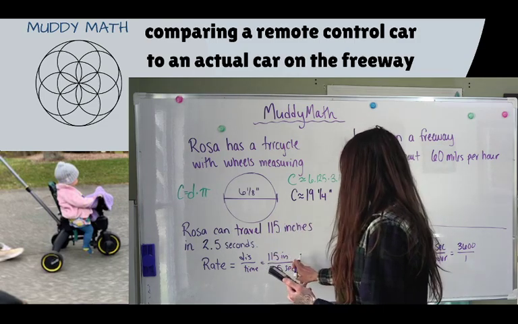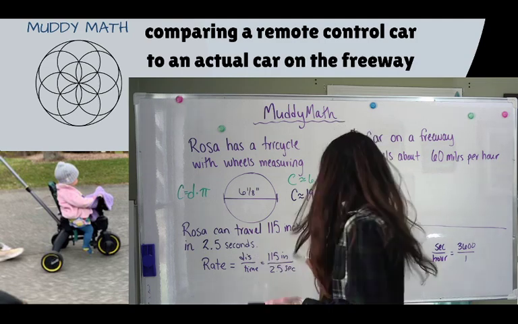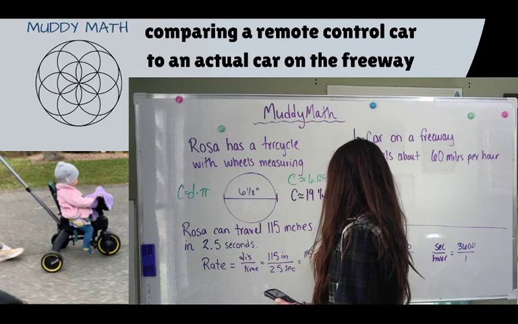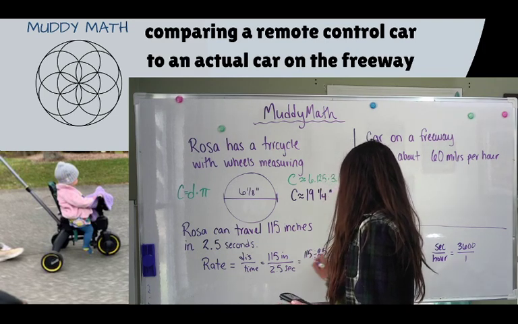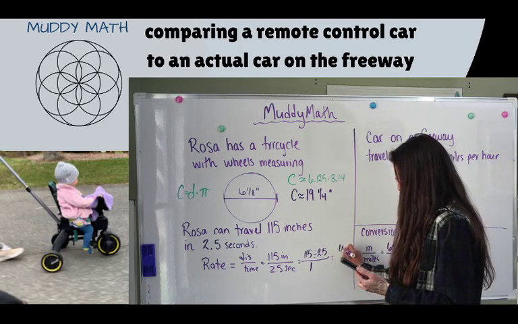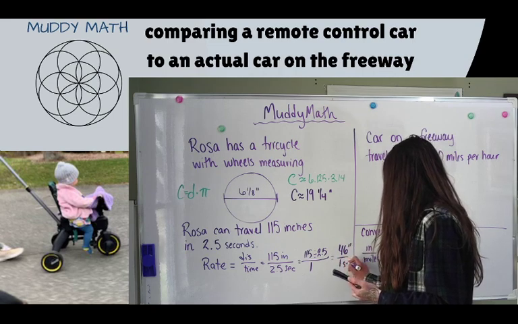So we have 115 inches in 2.5 seconds. I divide them to get the unit rate. Okay, I can just divide 115 divided by 2.5 and then put that all over 1, which gives me 46 inches per 1 second.